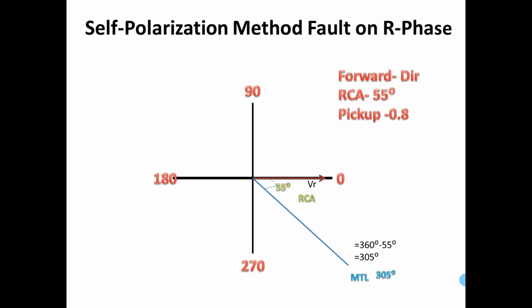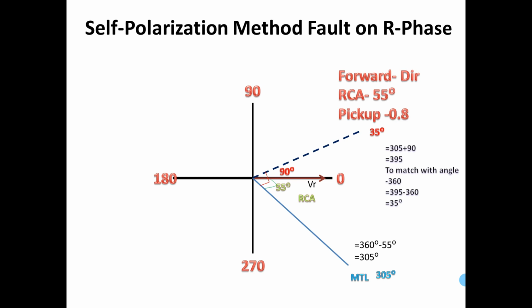From this maximum torque line, make 90 degrees towards the anti-clockwise direction and draw a line. This line angle can be found by adding 90 degrees to 305 degrees. We get 35 degrees.